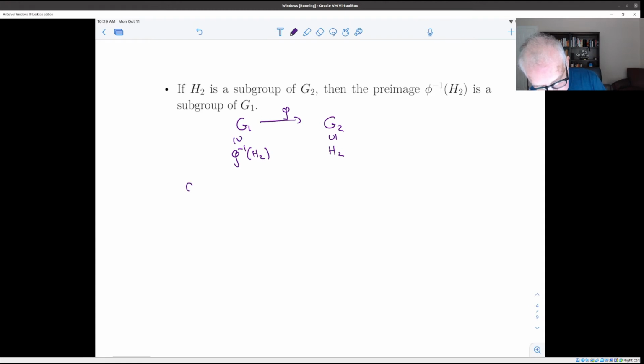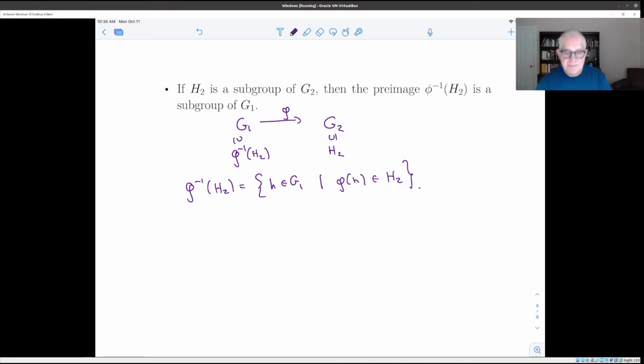So remember, the pre-image of H2 is the collection of H in G1 such that phi of H is in H2. So it's the things in G1 which land in H2. And the claim is that that's a subgroup. And we'll use the same criterion that we used in the previous problem. So first of all, we need to know that phi inverse of H2 is not empty.